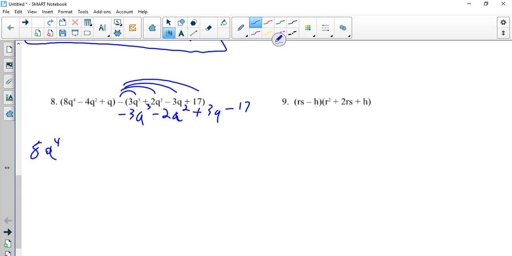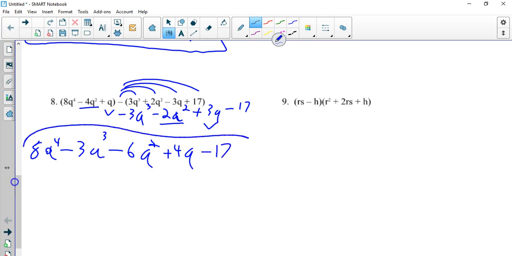Cubes. I don't have any other cubes, so I'm just going to write minus 3q cubed. Squares. I have this and this. Again, if you borrow $4 and you borrow $2, you owe $6. Negative 6q squared. Q's. Right there. 1 plus 3 is 4q. And the negative 17 is by itself.